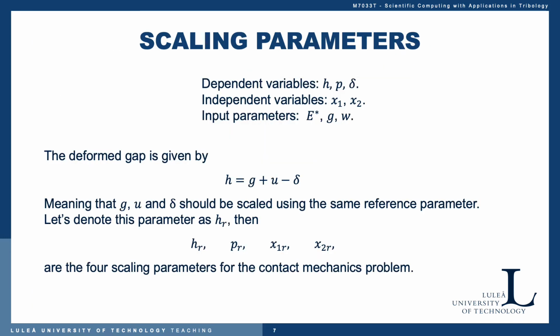Since the deformed gap is given by this expression, we have to scale g_u and delta with the same reference parameter as h. And this means that we will have 4 reference parameters for this contact mechanics problem, and these are listed here.